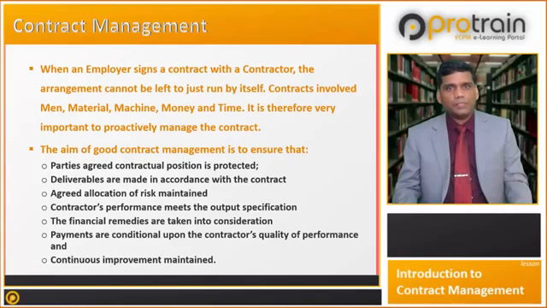Contractor's performance meets the output specification. The financial remedies for failure to perform are taken into consideration and applied. Payments are conditional upon the contractor's quality of performance, and continuous improvement in contract performance and service delivery is maintained.